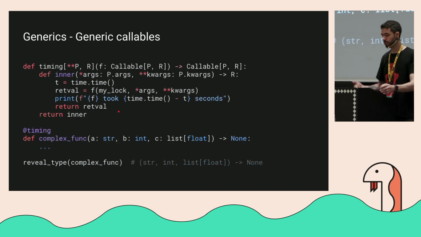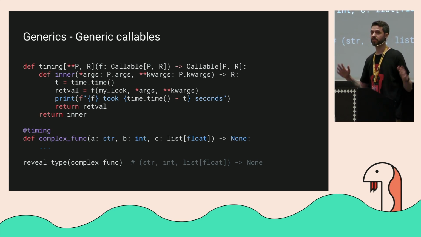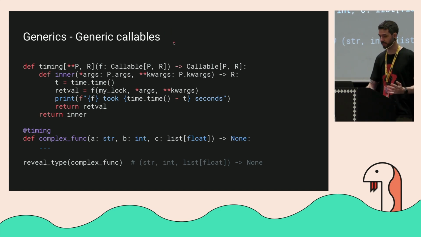And we can also have generic callables. This is, I think, probably the most complex one that I'm going to show, but it is actually pretty simple. If you take a look, ignore the arguments for now, you have a timing function which takes a function here and returns another function.